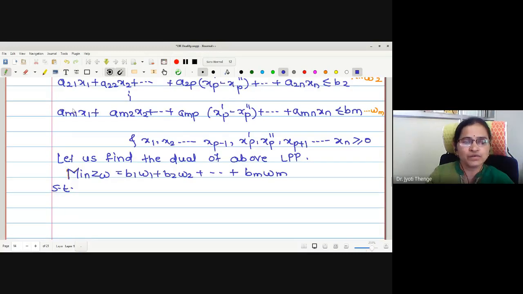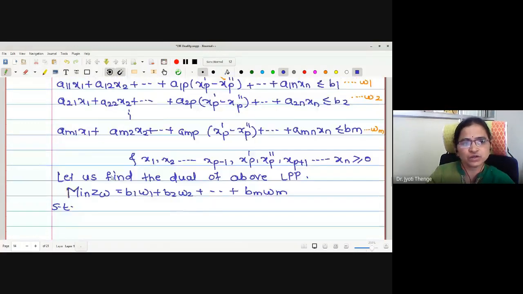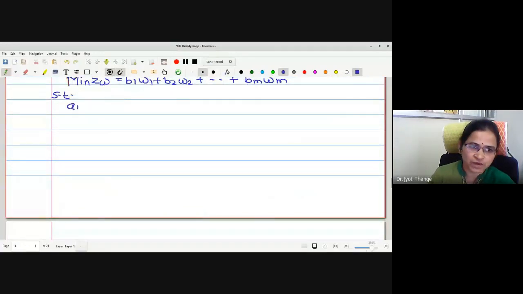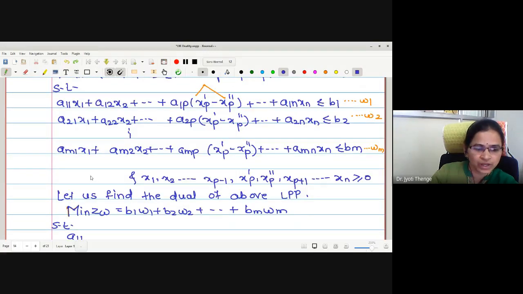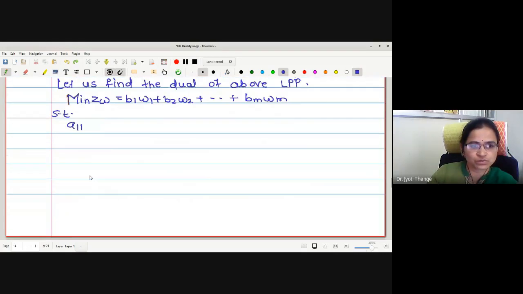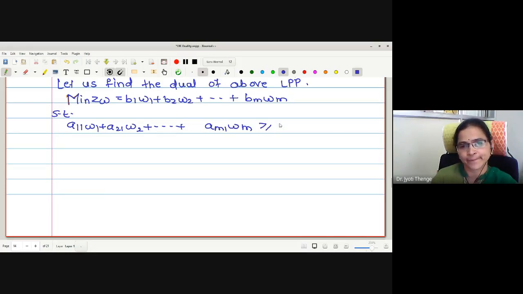Now we are going to write the first column as the first row: a11 w1, a21 w2, so on up to am1 wm greater than or equal to c1.